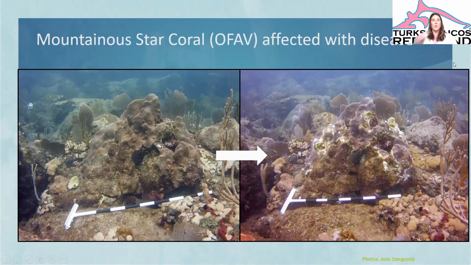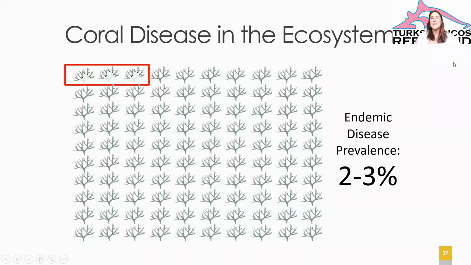Now let's talk a little bit about coral disease in the ecosystem. In every ecosystem, there are levels, I should say, of endemic disease. Just like in humans, there are levels of endemic disease. And on the coral reefs, now this is based out of Florida.